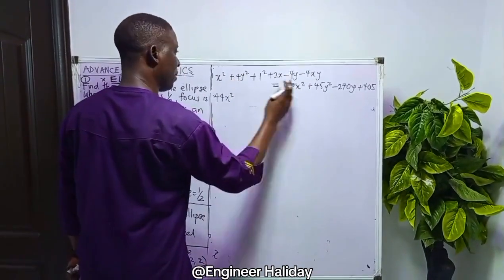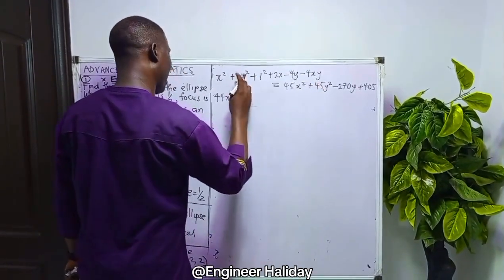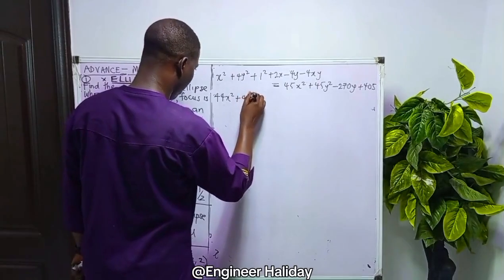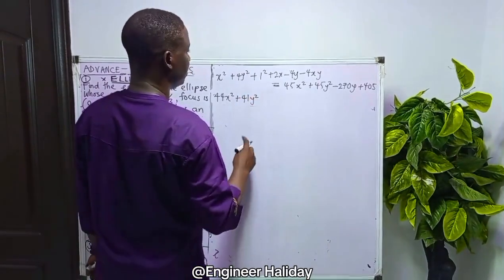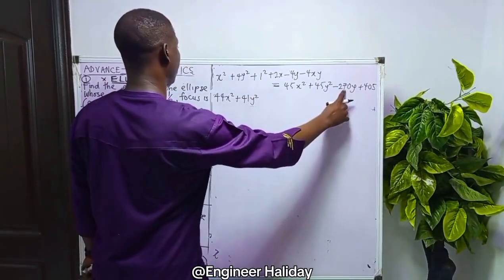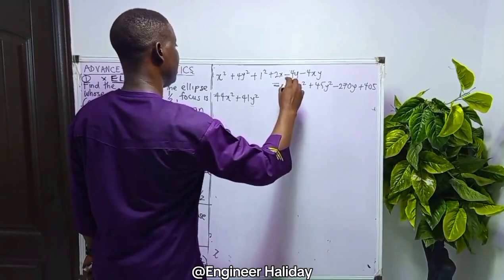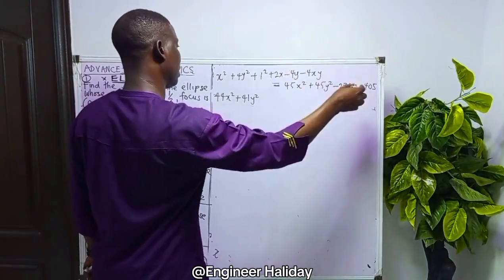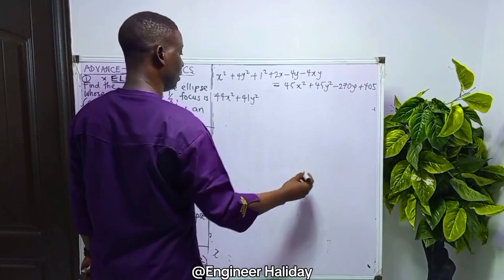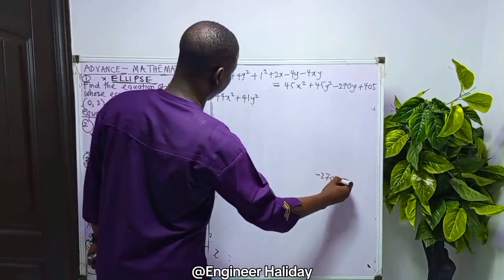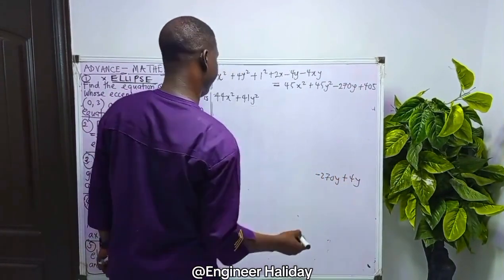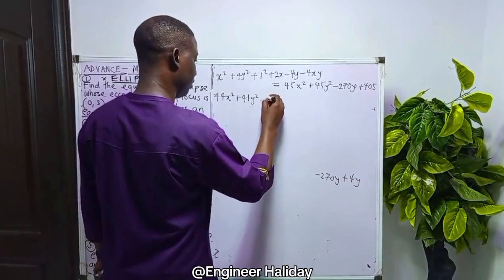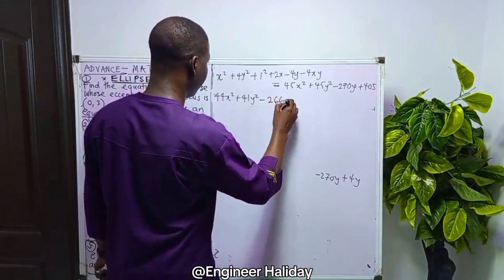Then 45y squared minus 4y squared, we have plus 41y squared. Then this is minus 270y. Then this one will go there and become plus. Minus 270y plus 4y will give us minus 266y.